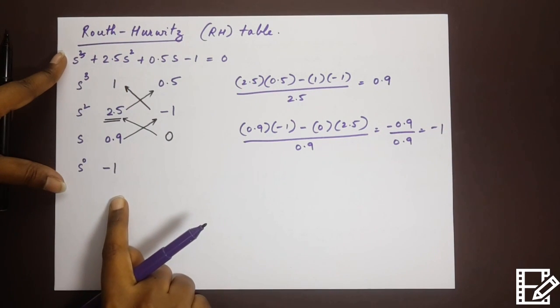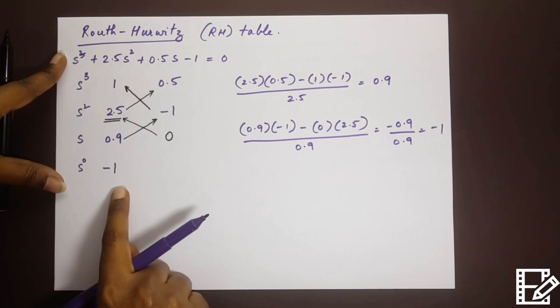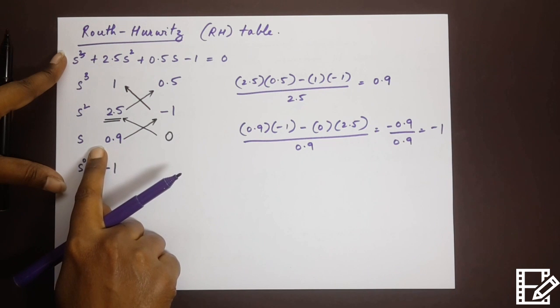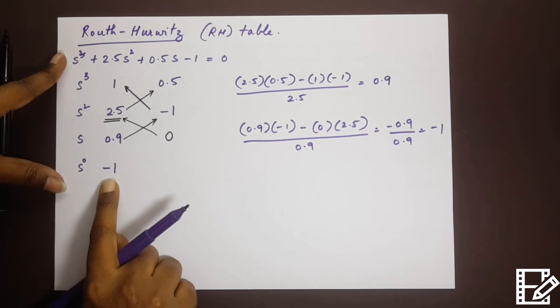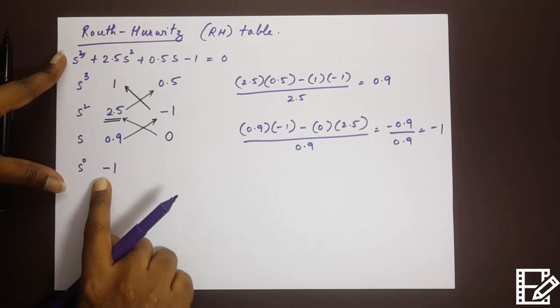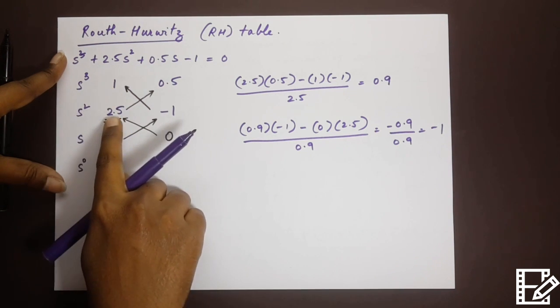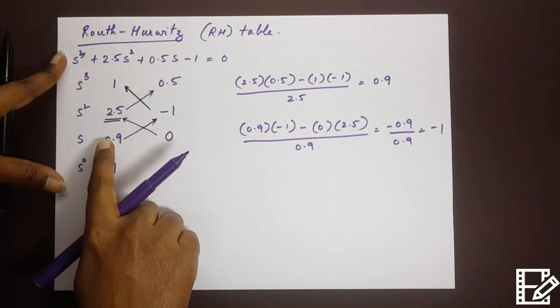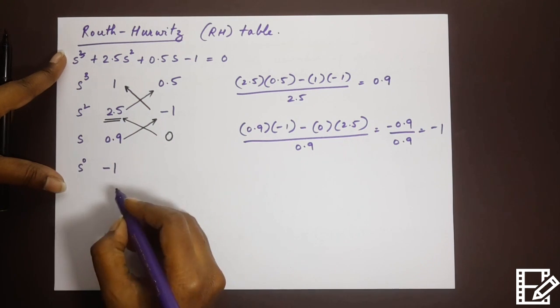Look at the first column. Now when you look at the first column, you will see that the first 3 terms are positive and the final term is negative. You have one change of sign from here, that's positive to positive, positive to positive, positive to negative.